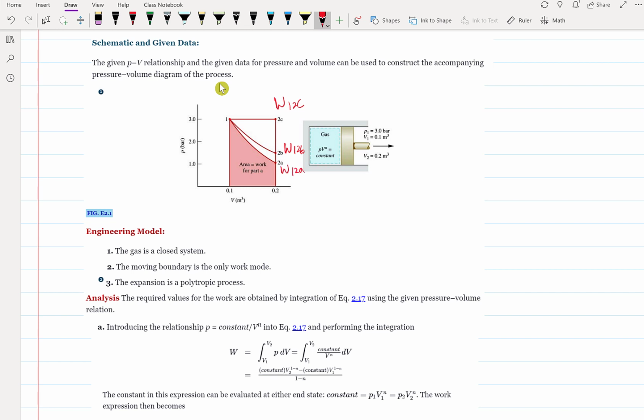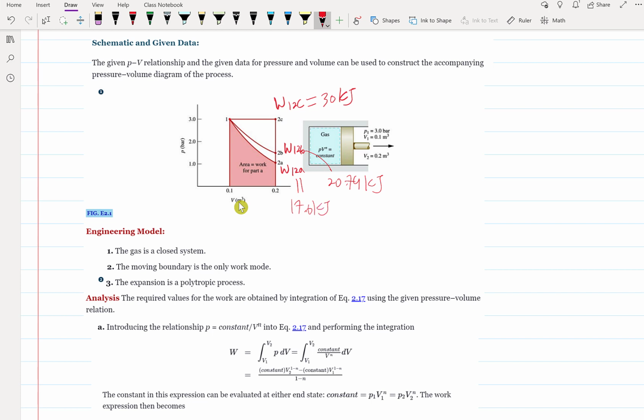So we compare the area under the curve. So we expect 1 to C is the largest, 1 to A is the smallest. So this work is 30 kilojoule and this work is 20.79 kilojoule and this work is 17.6 kilojoule.